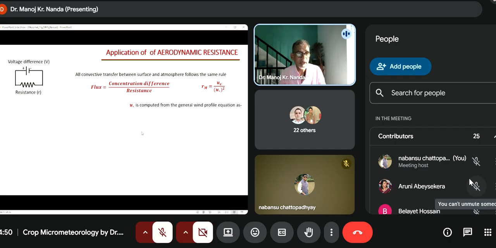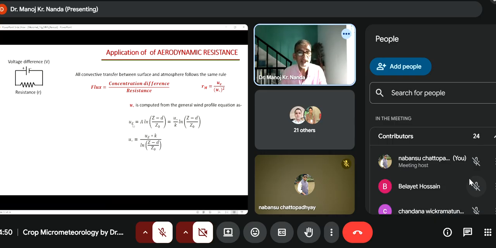Now coming to the application of aerodynamic resistance, this same thing I'm putting here. This is a generalized flux equation. So U star is computed. How U star is computed, that is important. Uz is something you are measuring, taking measurement at the field. Then how is U star computed? U star is computed from this equation, that is a generalized wind profile equation. Uz is equal to U star by K into ln (z minus d) by z0.